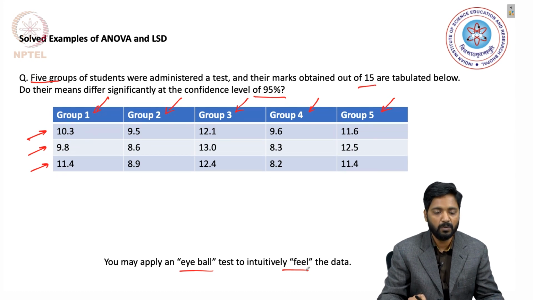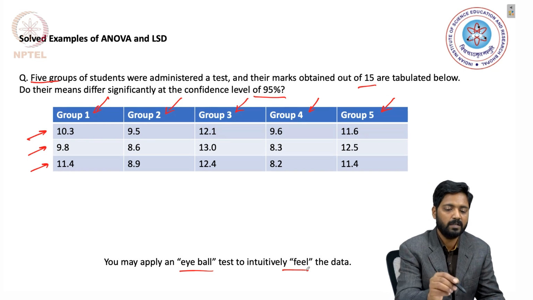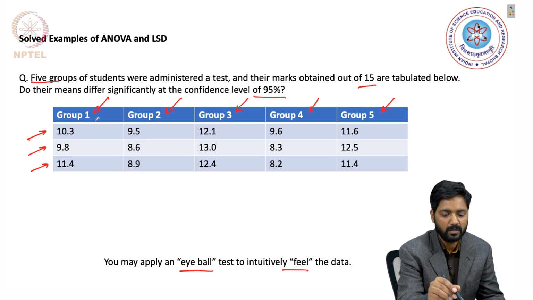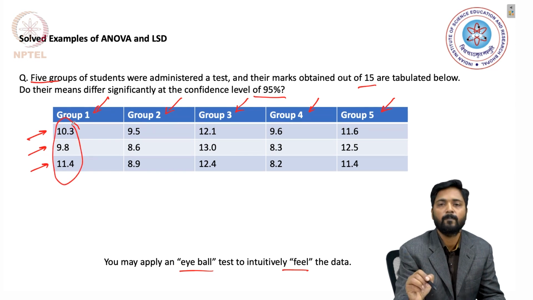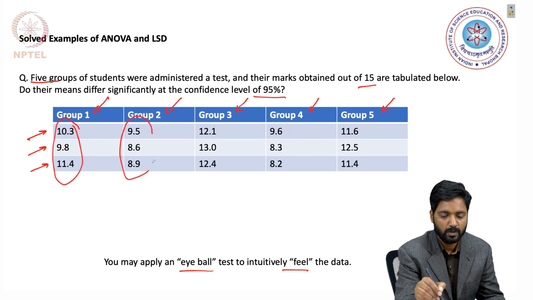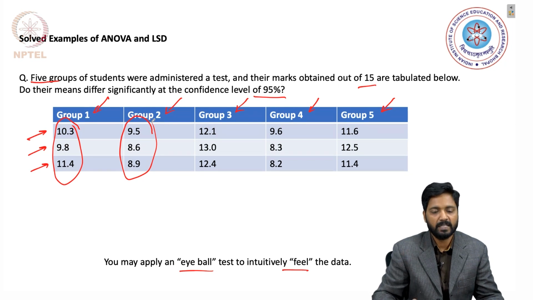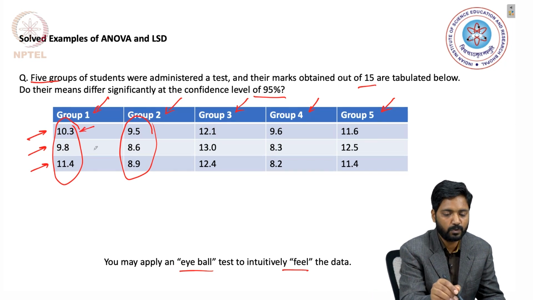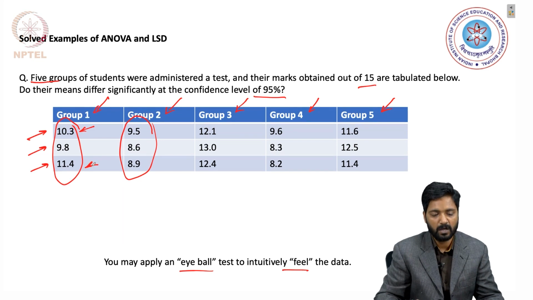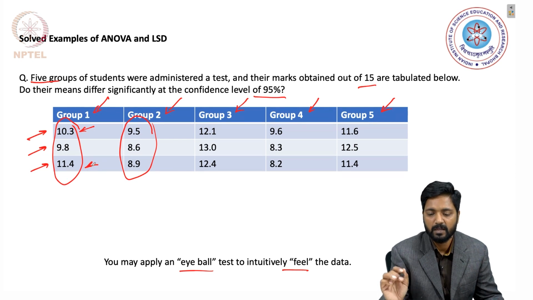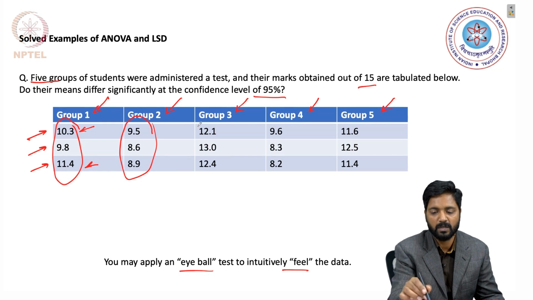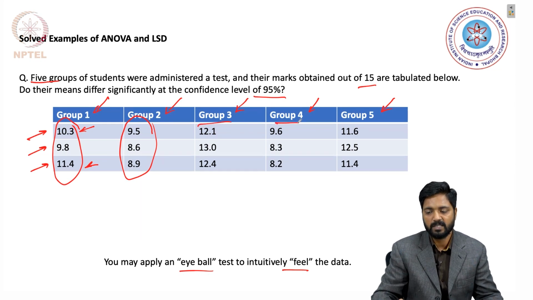For example, if I look between data set 1, which is group 1, these 3 data points, and group 2, what I observe is that in group 1 I have 2 values which are in double digits, while in group 2 all the values are in single digits. Similarly, if I compare group 3 and group 4, the similar difference is seen.